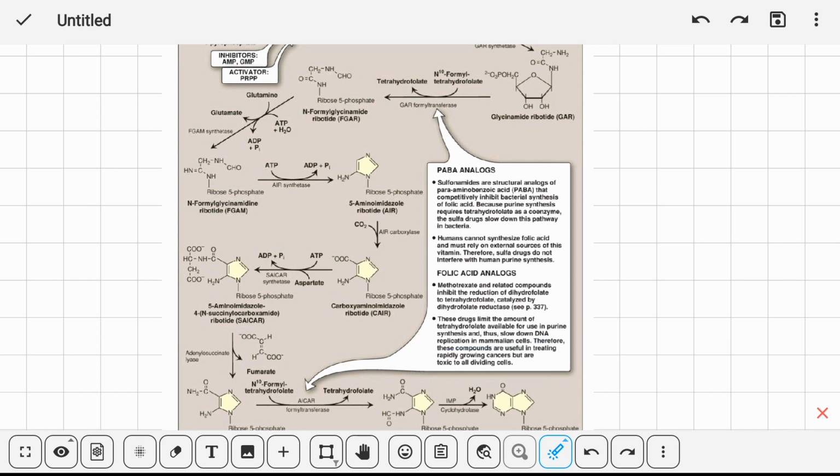We can use these folic acid analogues for the control of cancer cells, but the disadvantage is that these drugs harm all of the cells of the body. They don't act specifically on just the cancer cells.